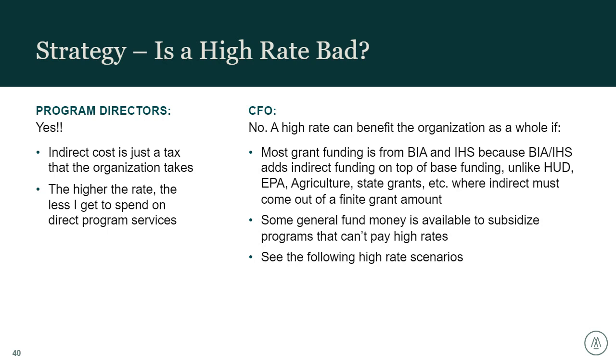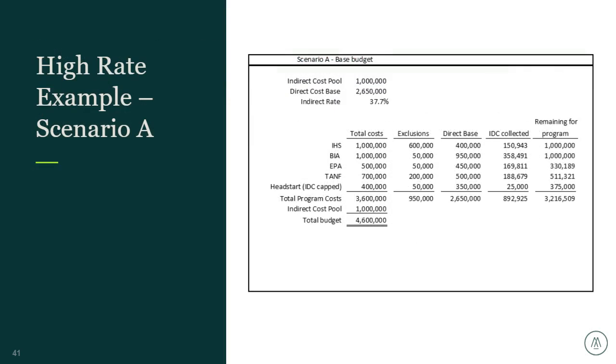Also, we should consider if there is an option to have some general fund money used to subsidize programs that cannot pay high rates. Now let's look into a few scenarios when we use a higher rate.